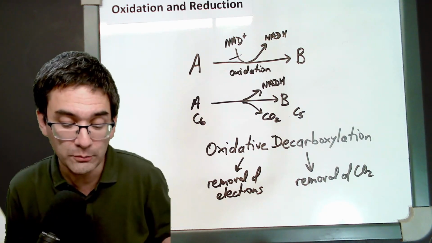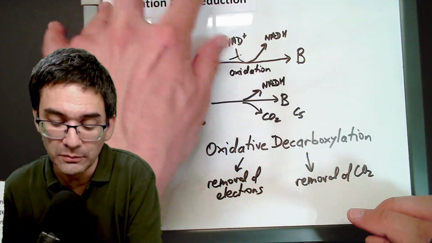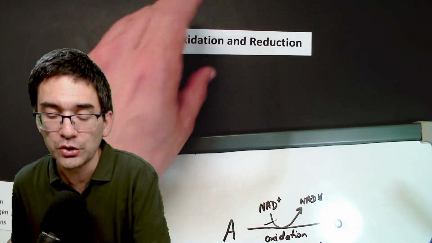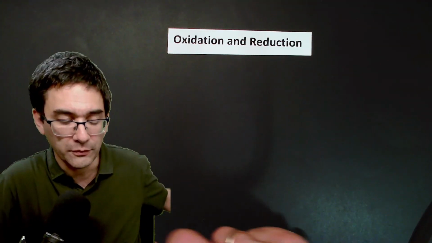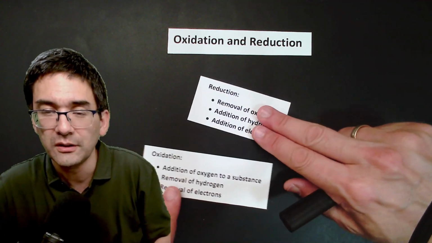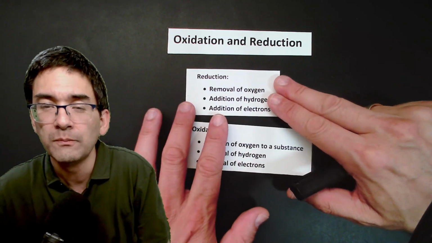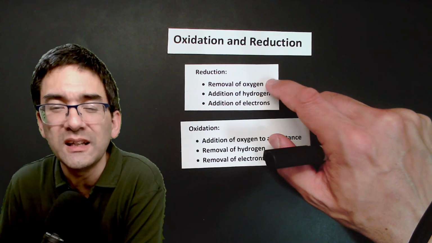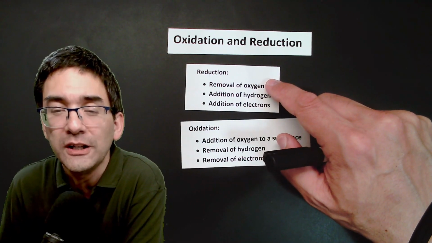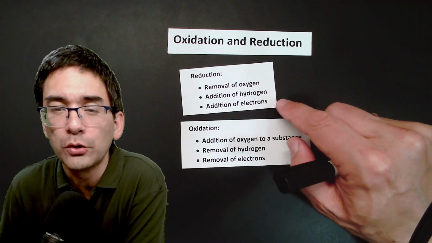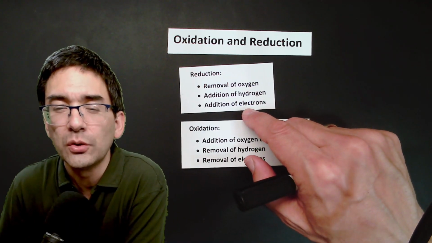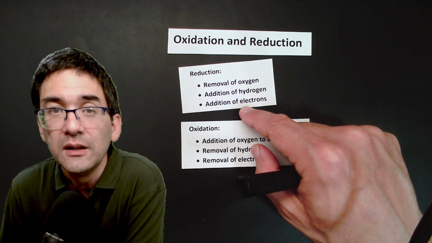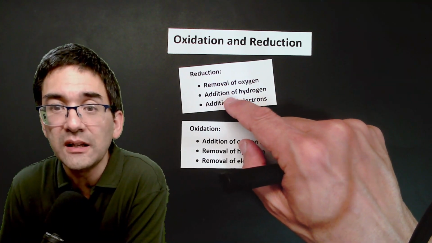So what I'm going to do now is simply summarize the important points again of what oxidation and reduction is. I've made a couple of sheets again over here. So what is reduction? Well, a reduction can also be considered the removal of oxygen, but that is a little bit an outdated definition. So it's actually much better to focus on electrons. A reduction process is the addition of electrons to a substance and associated hydrogens.